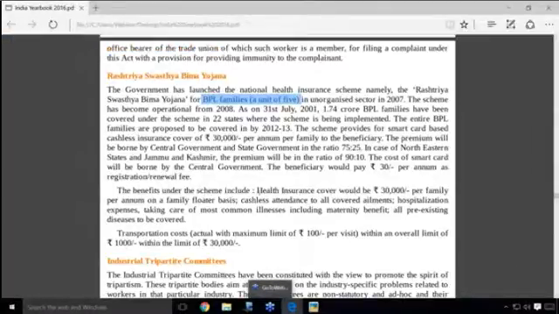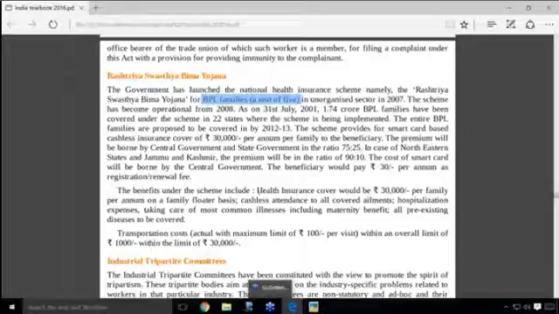So a statement can come: consider the following regarding Rashtriya Swasthya Bima Yojana. This is not separate today, and we know that it is part of the Deen Dayal Upadhyaya scheme, but UPSC may ask you about this, so please be careful.